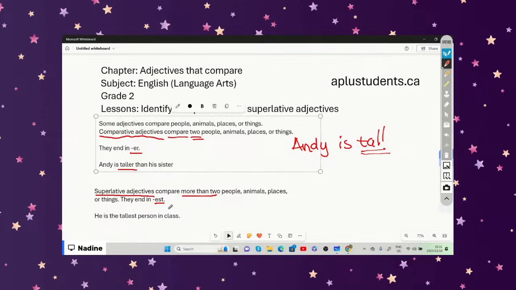So Andy is tall. And if we use that word tall again and compare him to his sister, we can say Andy is taller than his sister.